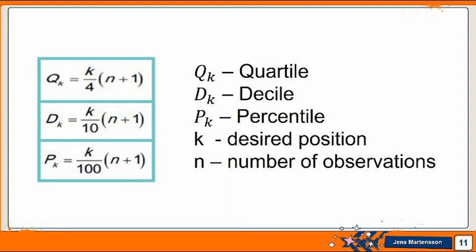And don't forget that if you're going to get the measures of position for ungrouped data, you should always follow the method like you are doing in median, where you should arrange the data in ascending order.